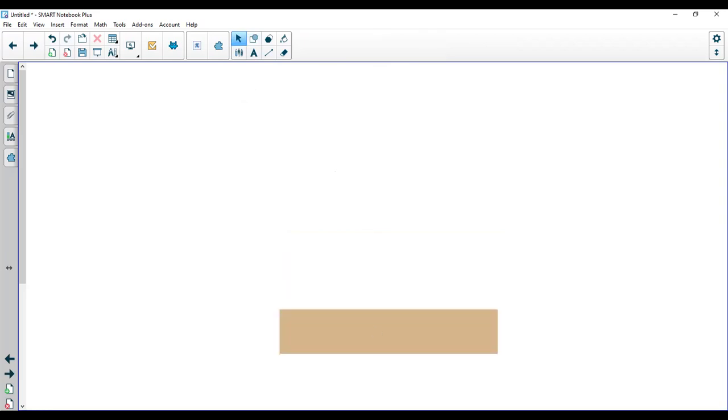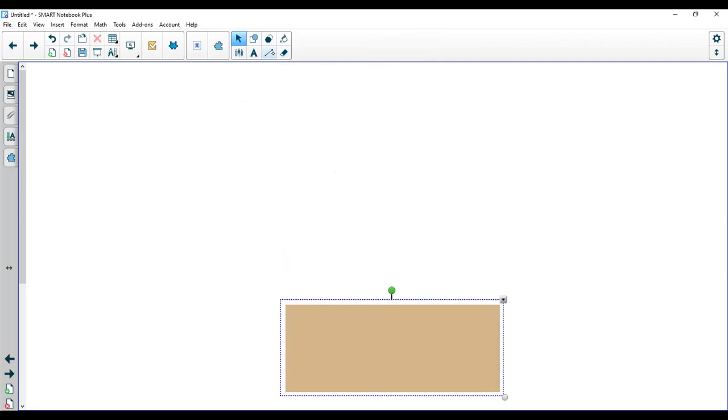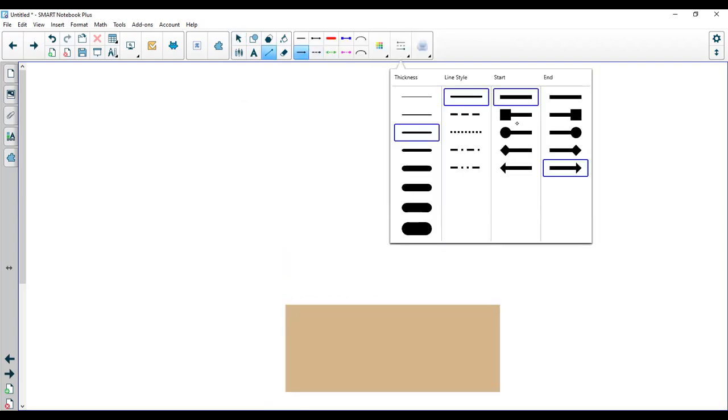Say that this is the wooden block, and we have a nail here, and we want to pin it down into that wooden block.